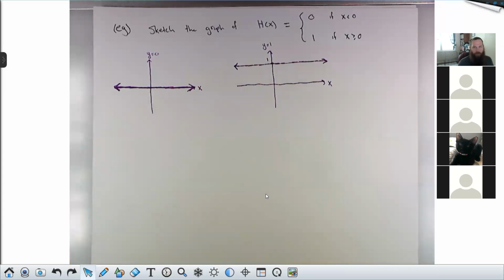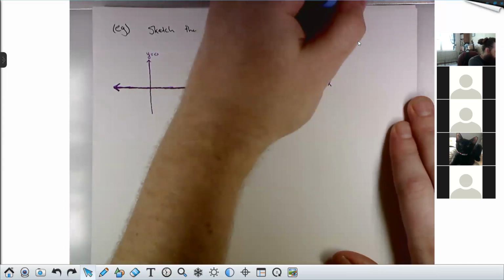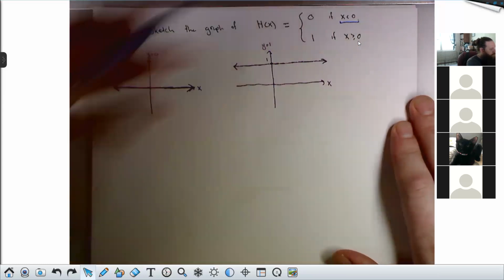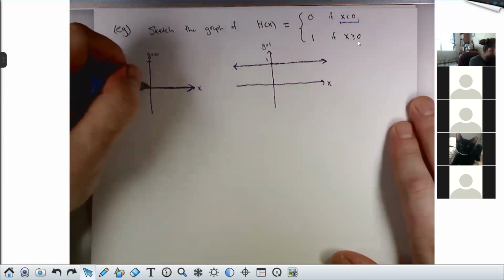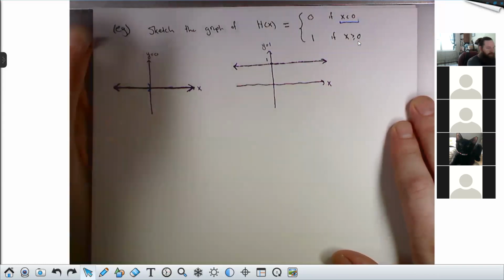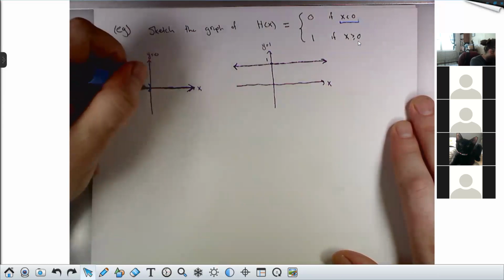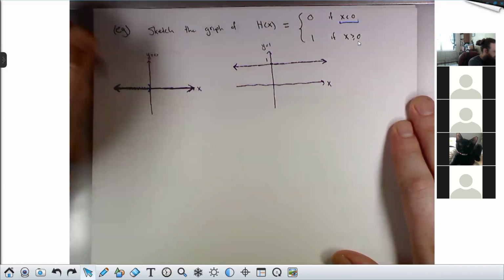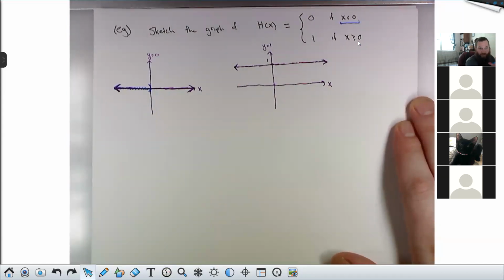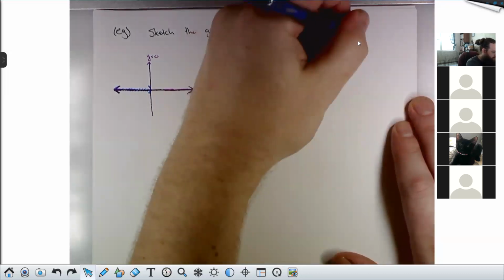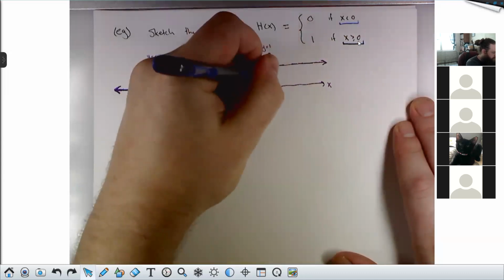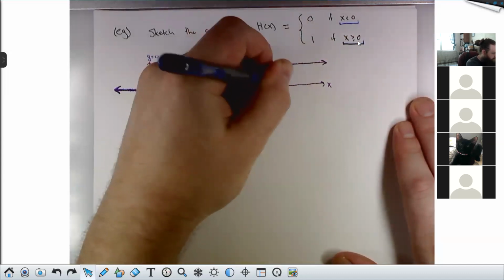Next, I want to identify the part of the graph that matches with each piece's restriction. So if x is less than 0, which part of the y equals 0 graph am I talking about? Well, that's just like before. That's anything to the left of the origin. That's this stuff. And that happens to sit right on top of the part of the graph we're going to keep. And for the other one, if x is greater than or equal to 0, that means I'm talking about this stuff.